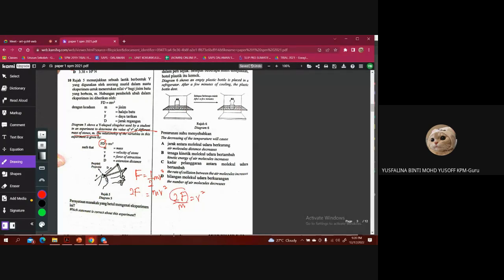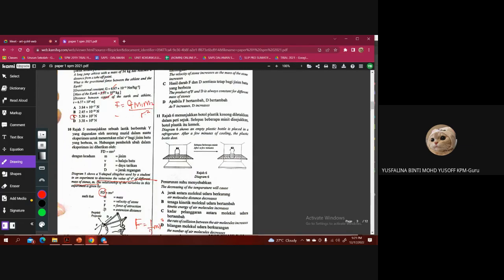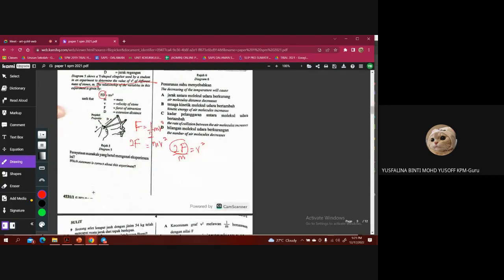Of course you need to keep the force constant when you pull it backward. Must use the same force. If not, all that becomes the variable is changing. There must be one constant variable, the force. So 2 is D, F is the force, and v square is inversely proportional to the m.